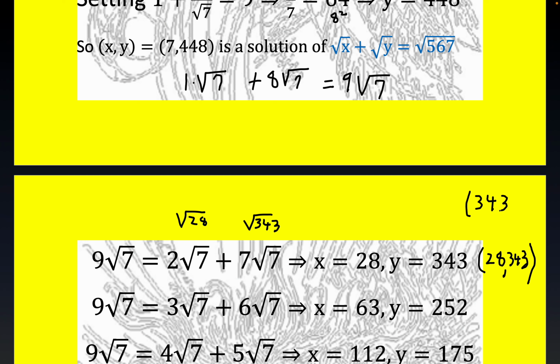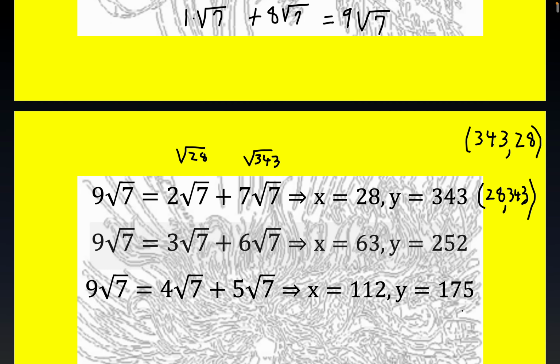Some people just brush that off and say, oh, it's symmetry. Well, it's symmetry, but that's the reason why: the variables are kind of equivalent to each other. So for each ordered pair, you can flip the x's and y's. How many solutions do we have? I guess there are 8 total solutions.